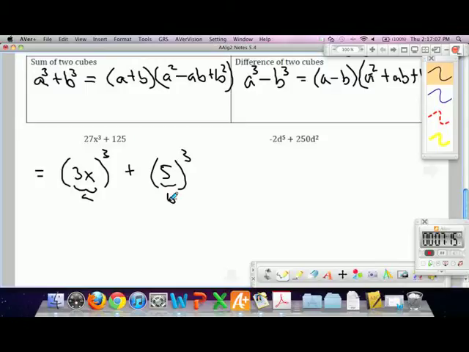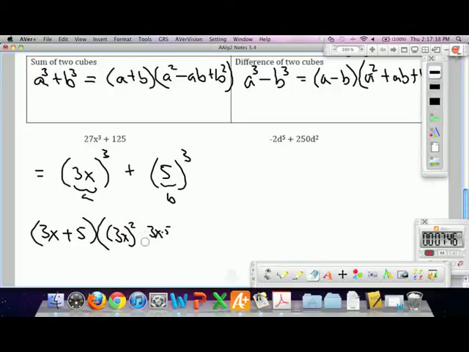So I know that this polynomial should factor to 3x plus 5, and then a squared, or 3x squared, plus 3x times 5, minus 5, plus 5 squared.